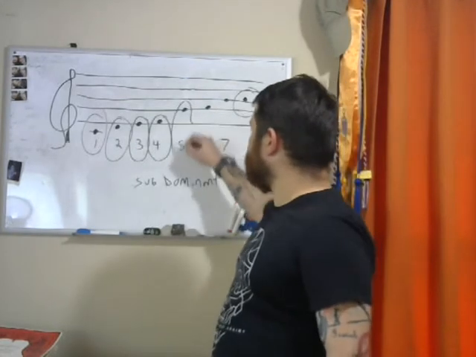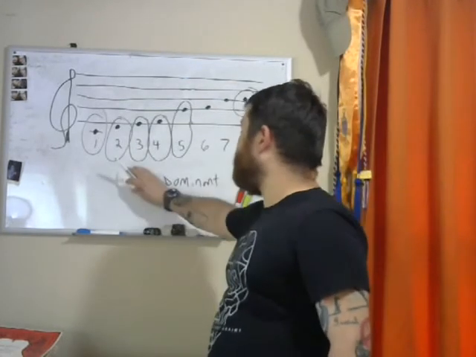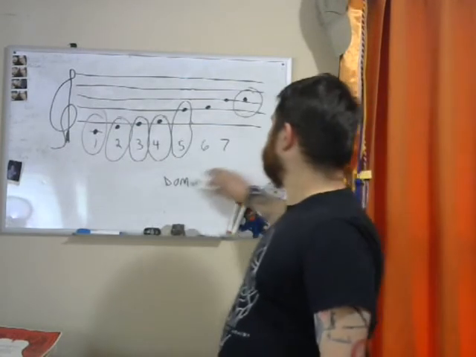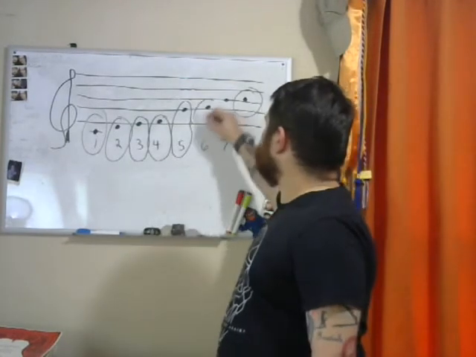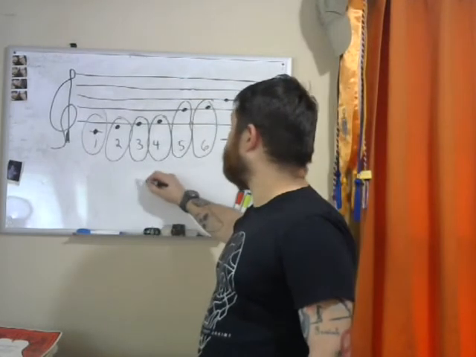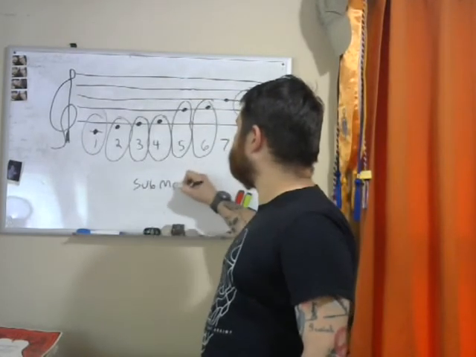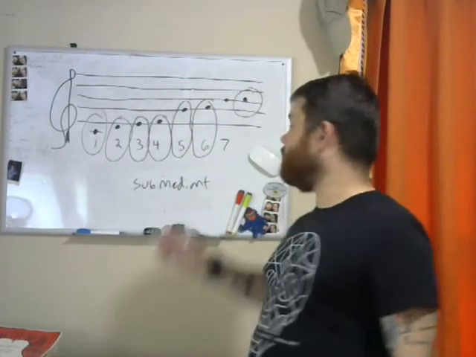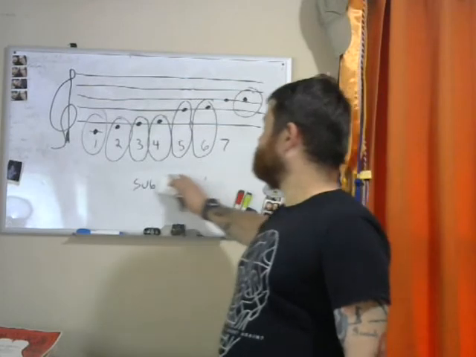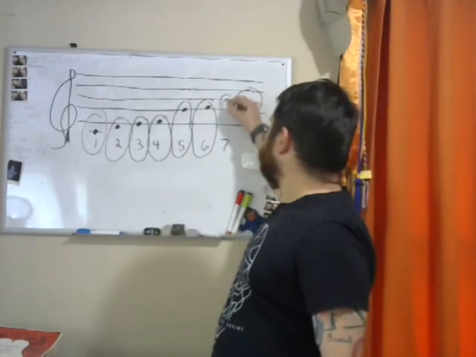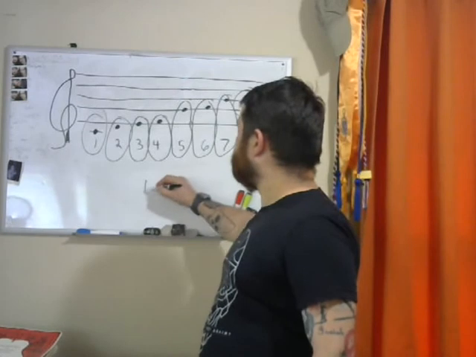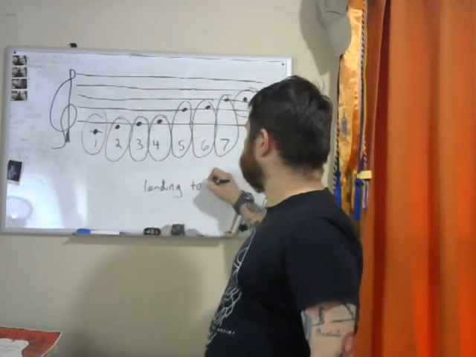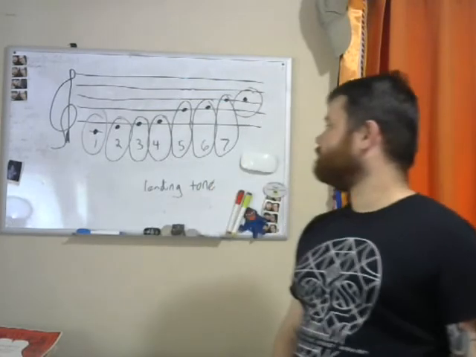The fifth scale degree is going to be called the dominant. The sixth scale degree is going to be called the submediant. And the seventh scale degree is going to be called a leading tone.